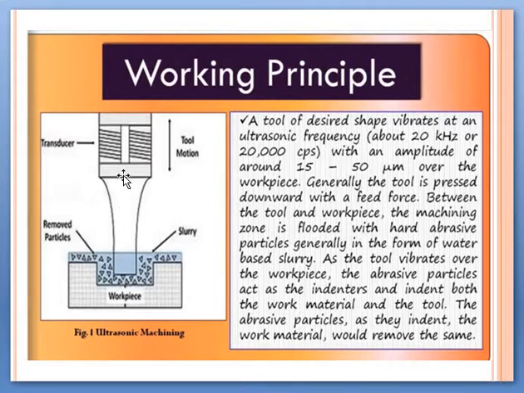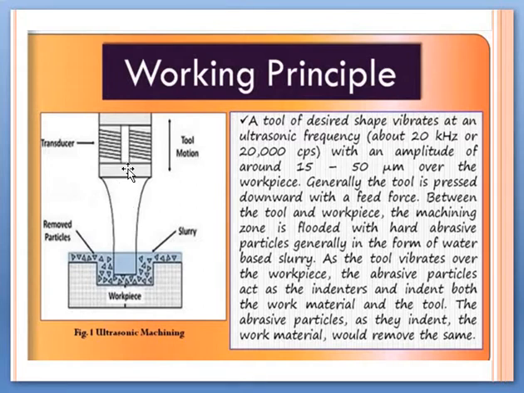The tool is mounted in a tool holder, and this tool holder is provided with a transducer, and this transducer will generate the ultrasonic vibrations having a frequency of about 20 kilohertz, that is high frequency with a low amplitude within a range of 15 to 50 microns.